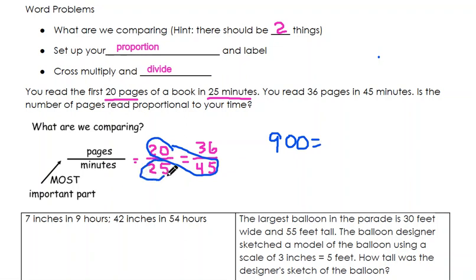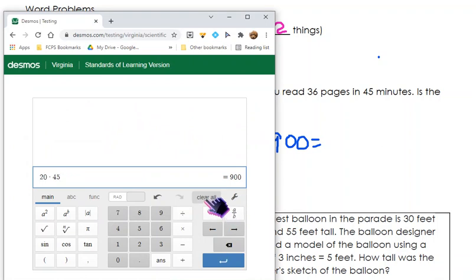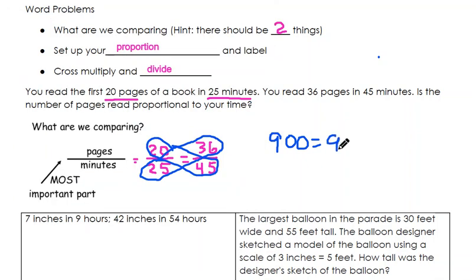I can do 25 times 36, let's see what that is. 25 times 36 gives me 900. So I got 900 equals 900, and yes, it is proportional. Okay, so the most important thing is setting up this word ratio to help you figure out where you're putting your information. All right, let's do a couple more problems.